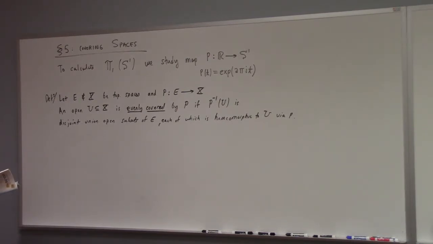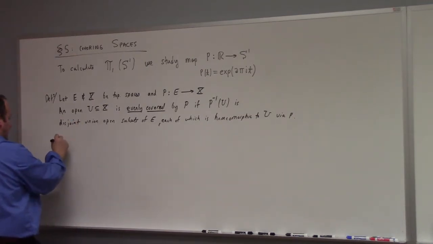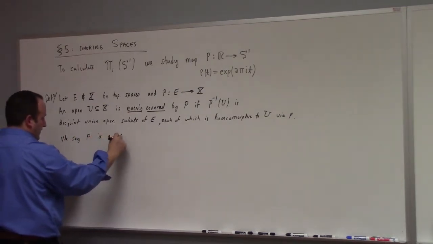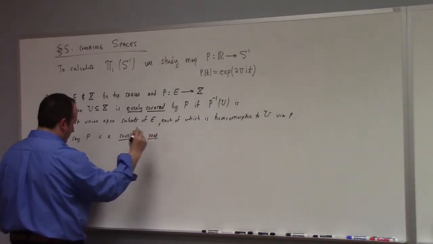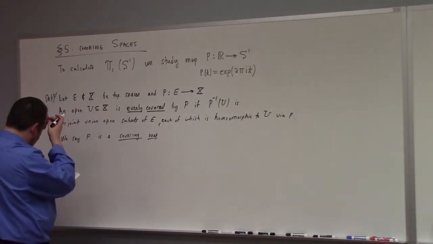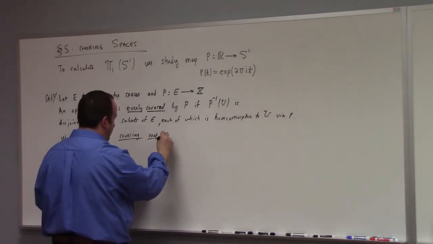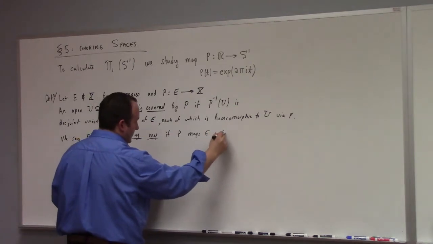The map P is a covering map if P maps E onto X, and what else?